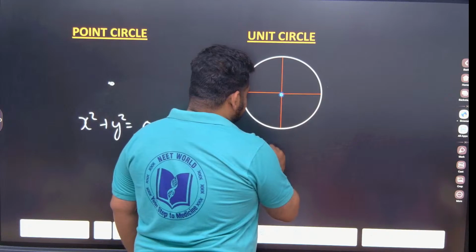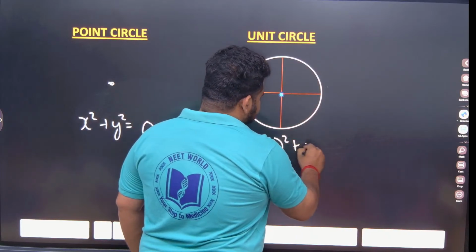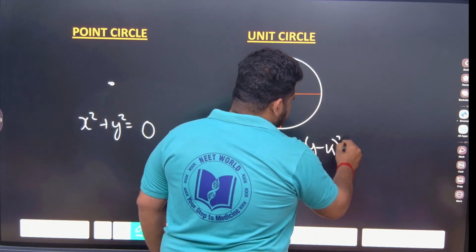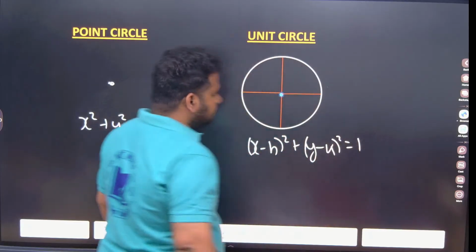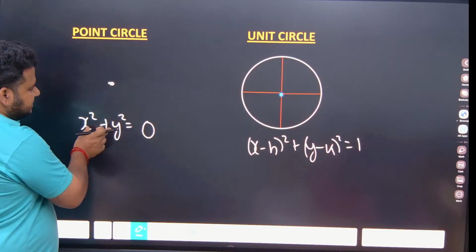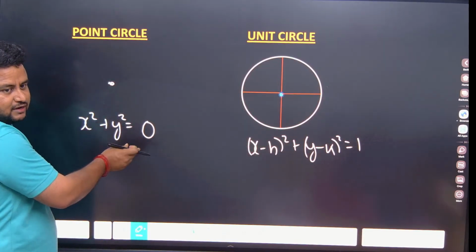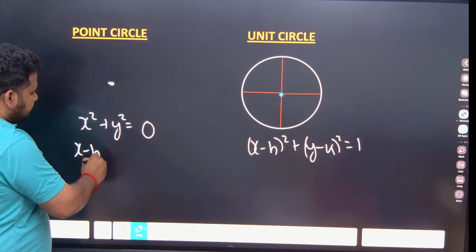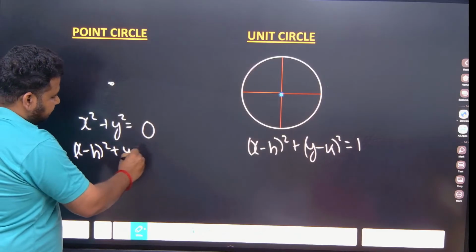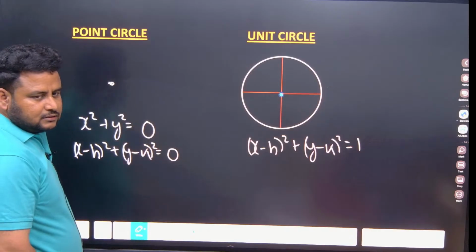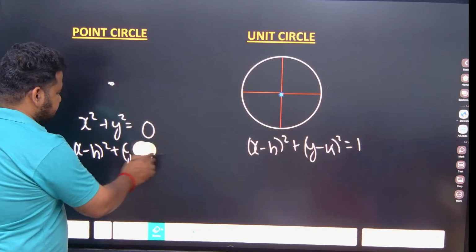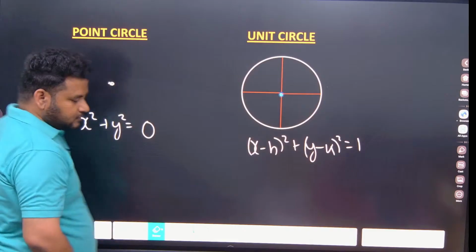So you can take it as x minus h whole square plus y minus k whole square is equal to r square, and instead of r square I can write 1. If this is at origin you can write x square plus y square. If it is not at origin you write x minus h whole square plus y minus k whole square is equal to 0. But here it doesn't matter because this is a point circle. Understood everyone?